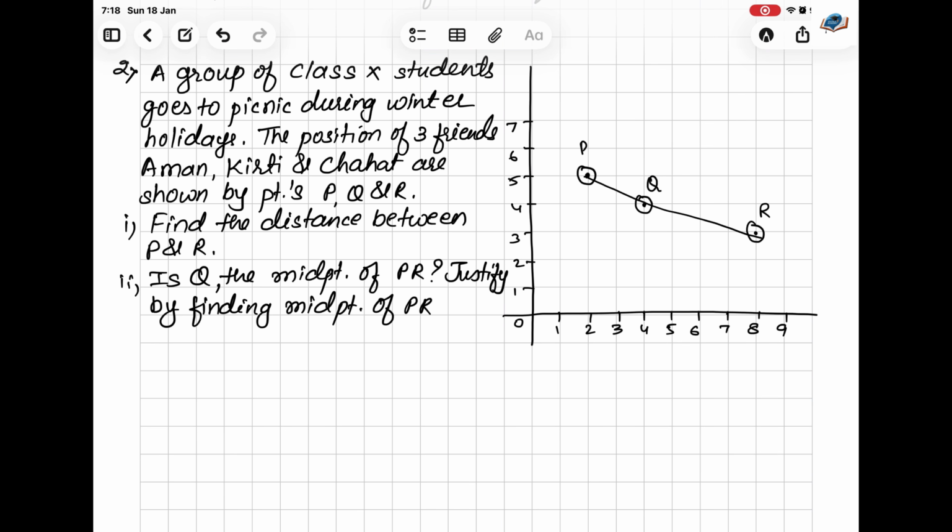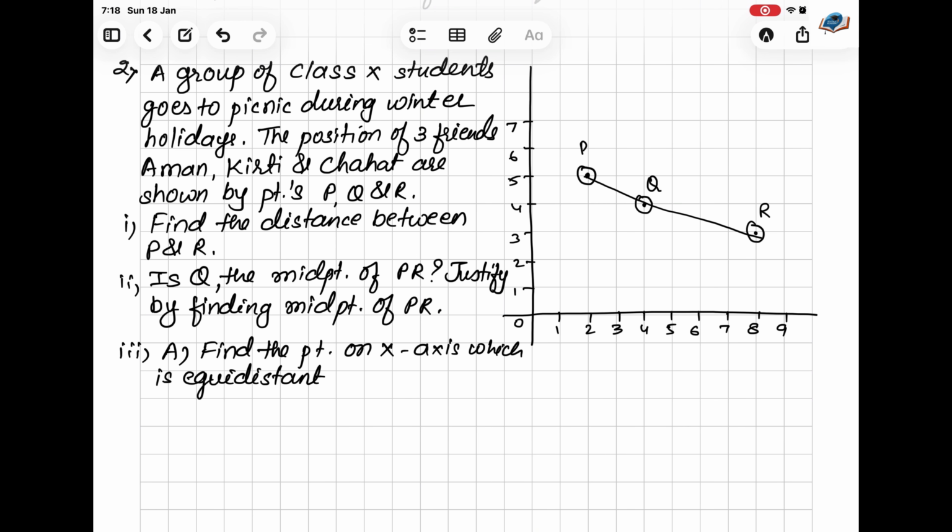And the third one is, again here I am given choice. In third, A1 is find the point on x-axis which is equidistant from P and Q.